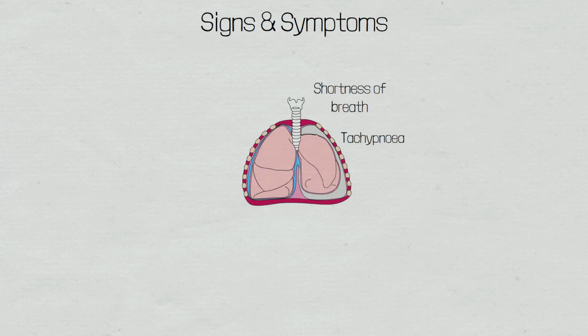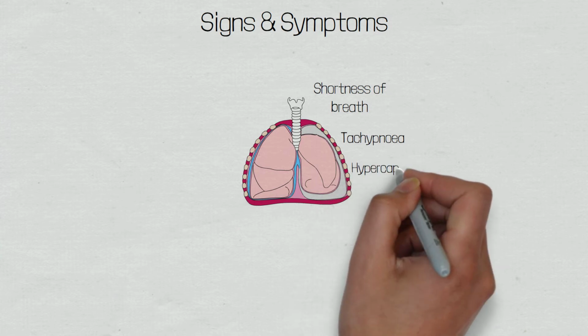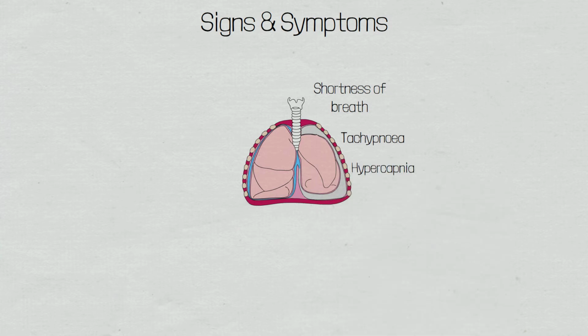As we know, it is carbon dioxide levels which have a greater effect on respiratory drive, as opposed to oxygen levels. As gaseous exchange within the alveoli is impaired, it can cause hypercapnia, which is high carbon dioxide levels within the blood, which will then trigger chemoreceptors in the brainstem, increasing respiratory drive.